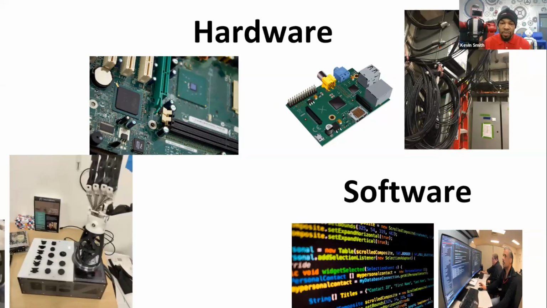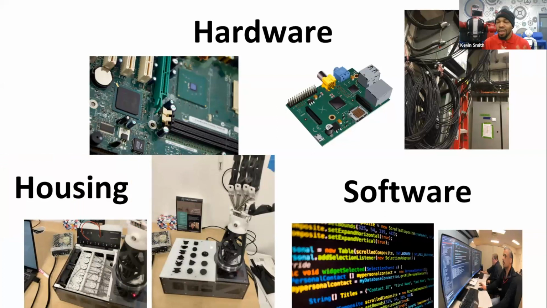But none of that is possible without the housing, because you have to protect all the hardware to ensure its integrity, to make sure that as someone's using the product, it creates that consistent output every time. It's no good if a child programs a robot, but it starts falling apart after every use, and they have to rebuild it.